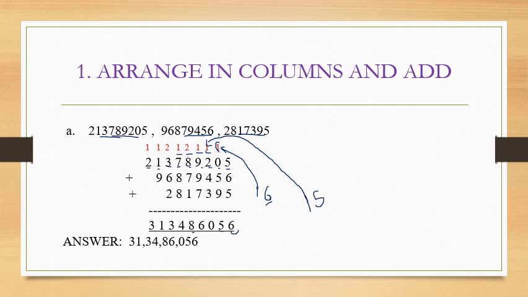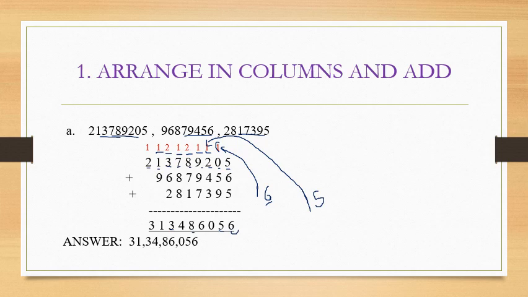Then 7 plus 8 plus 8, 23, 23 plus 1, 24. 4 here and again you will carry forward 2 to the next place value. 3, 3 plus 6, 9, 9 plus 2, 11, 11 plus 2, 13. Now 13, 3 you will write here and again 1 you will carry forward to the next place. 9 plus 1, 10, 10 plus 1, 11.